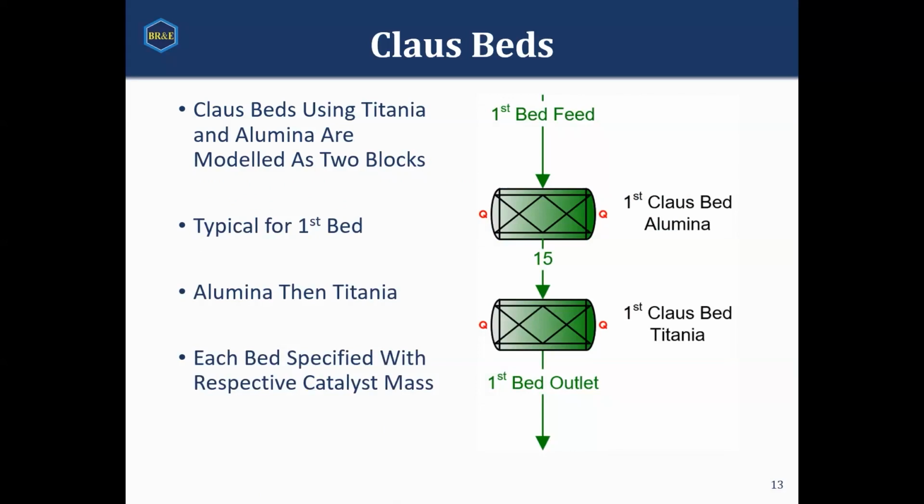We want to specify the mass of catalyst minimally that is being used, and that is because the kinetics are going to be on a moles of gas per mass catalyst basis. What I mean by that is the data that we have says that our gas will come in at certain conditions, and based on those conditions and the mass of either titanium or alumina catalyst available, we're going to see a certain amount of conversion.